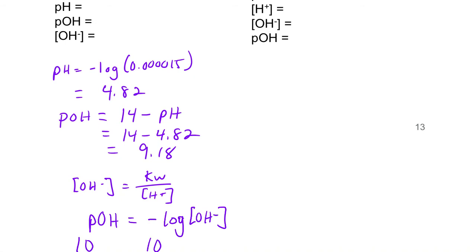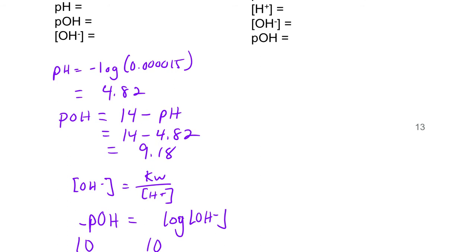If we do 10 to the minus pOH, we can end up with the OH minus concentration.